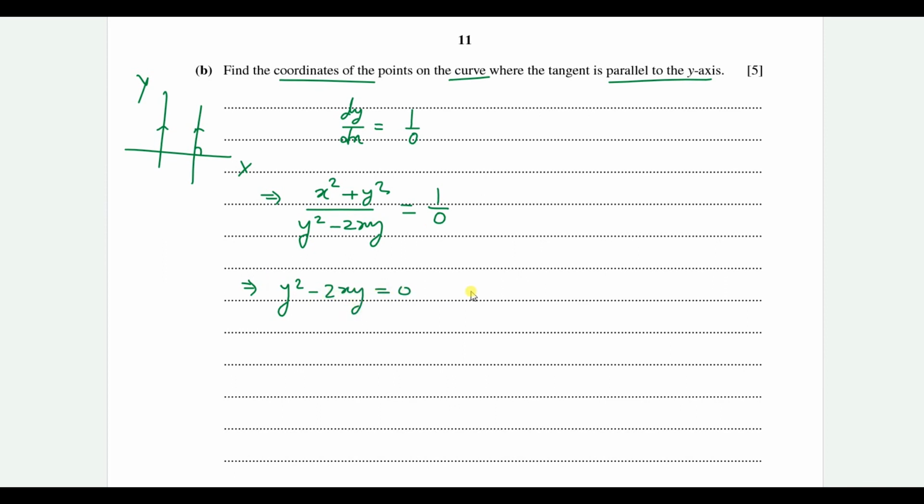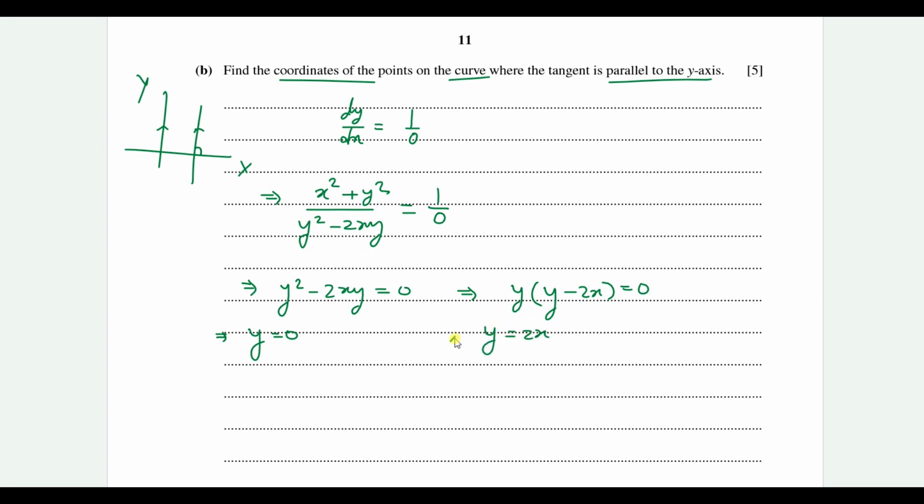From here you take y common, and it is y(y minus 2x) equal to 0, so y is equal to 0 or y is equal to 2x.